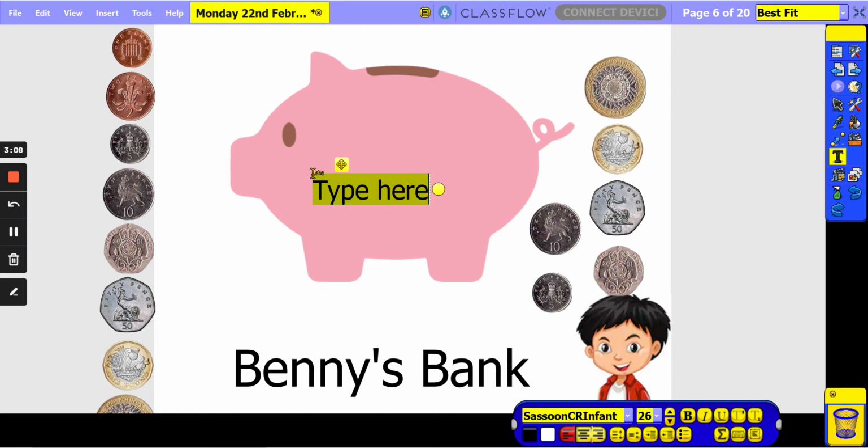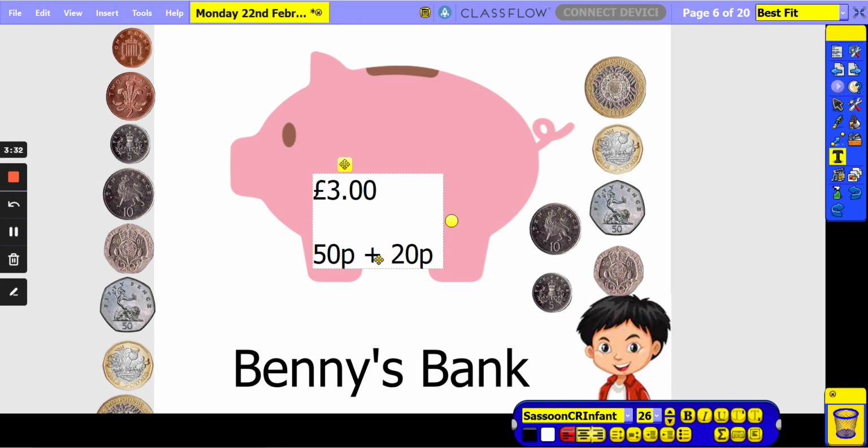Fantastic. We have got £3 in pounds, and now we're going to count up how many pence we have. So we have 50 pence, add 20 pence, add 10 pence, and add 5. Excellent job.